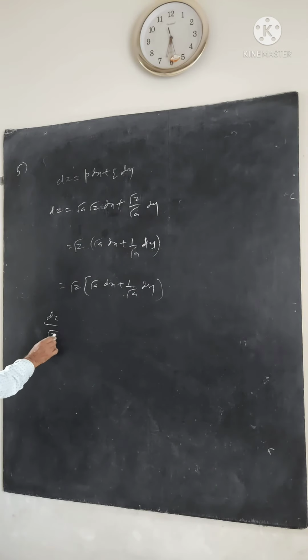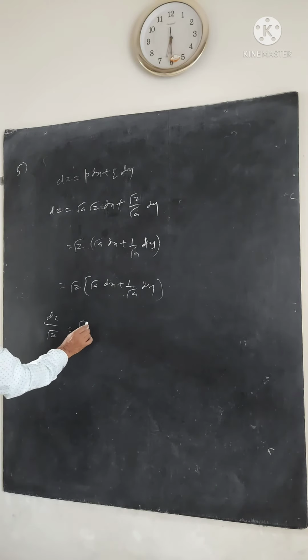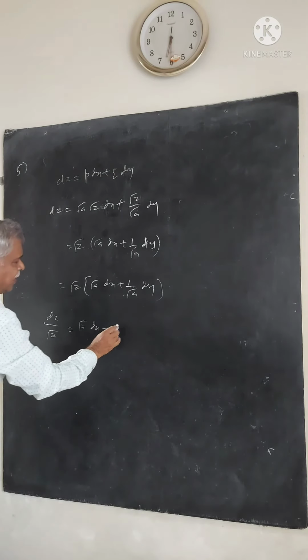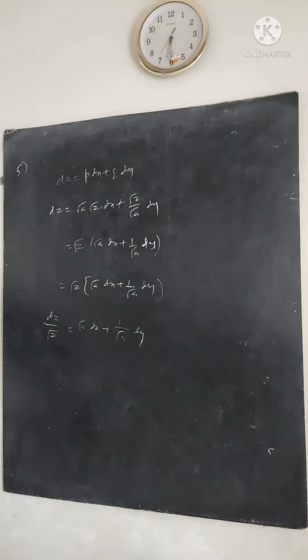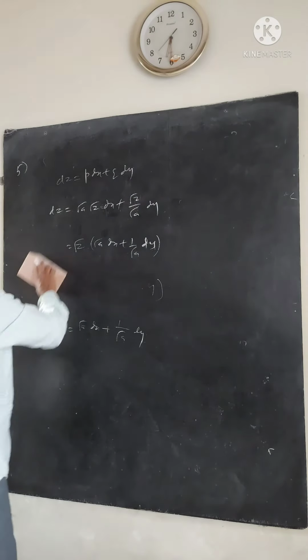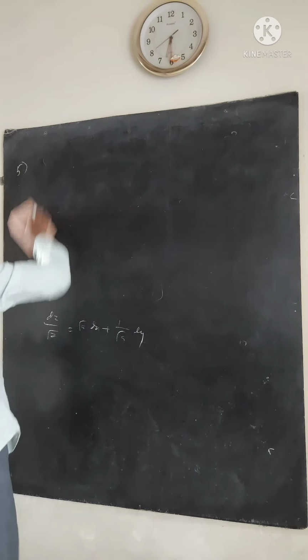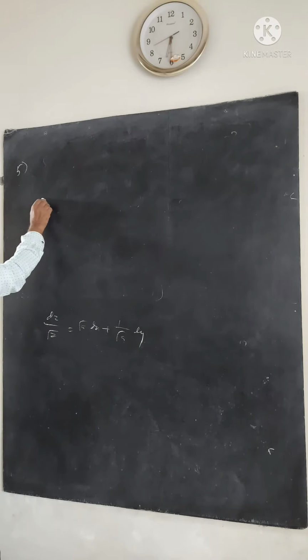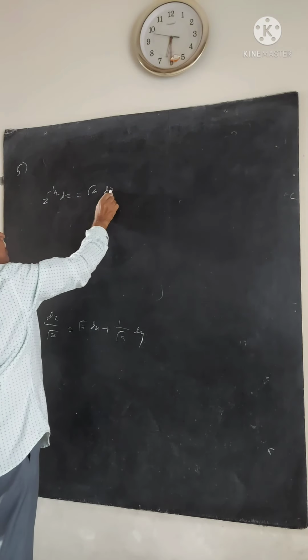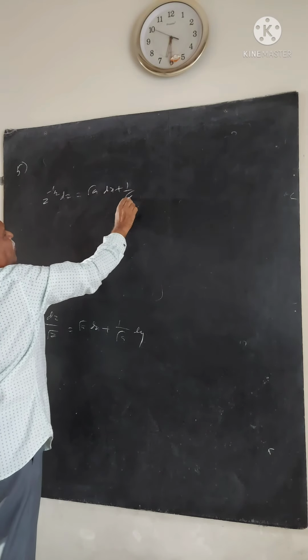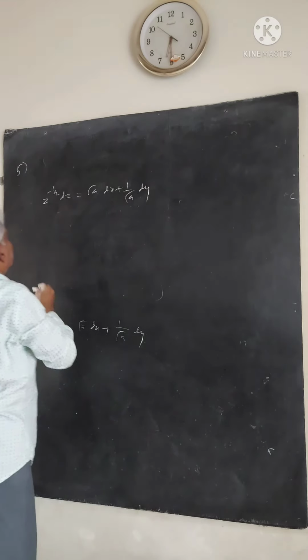So dz by root z equal to root a dx plus 1 by root a dy, that is z power minus 1 by 2 dz equal to root a dx plus 1 by root a dy.